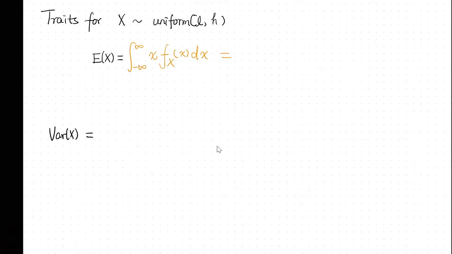And for a uniform distribution on the interval L to H, we only need to consider the integral range L to H because elsewhere the density is 0. And on that interval, the density is 1 over the length of the interval.